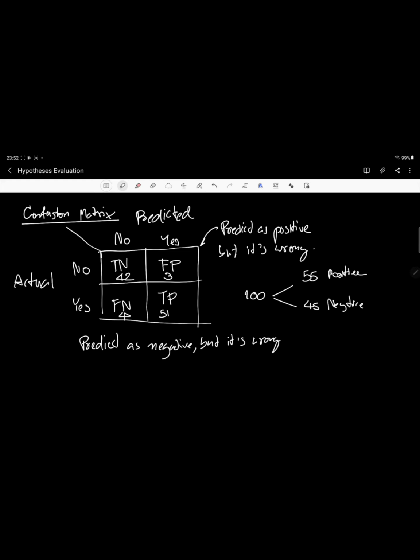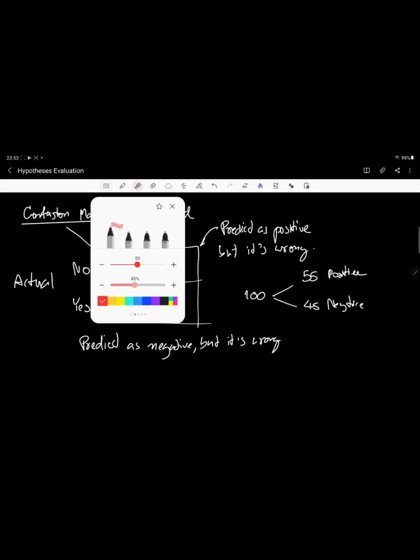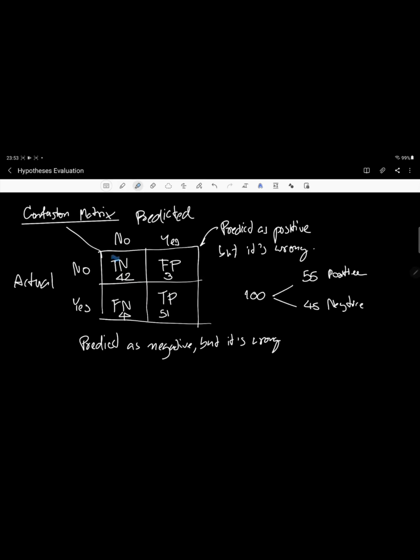Okay. So you can see that if you find the summation in this row, because this is the actual data, right? It must be equal to the 45 negative.